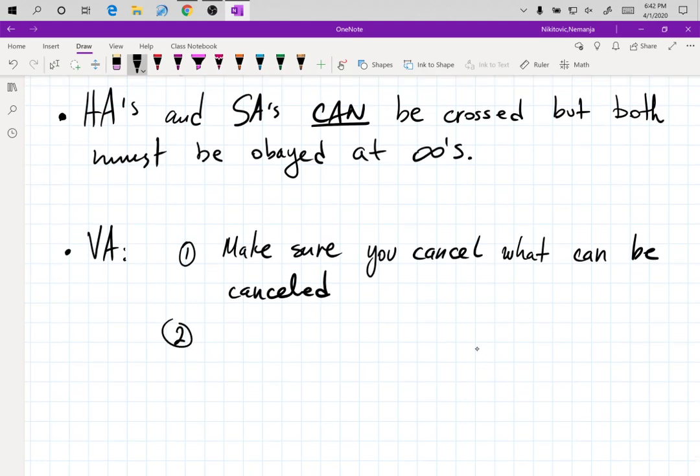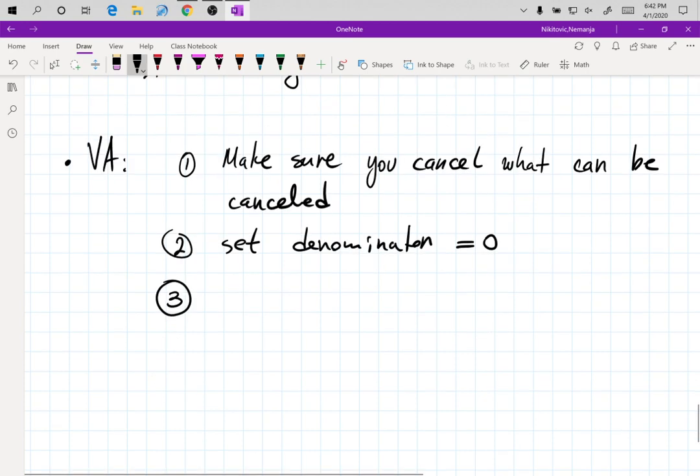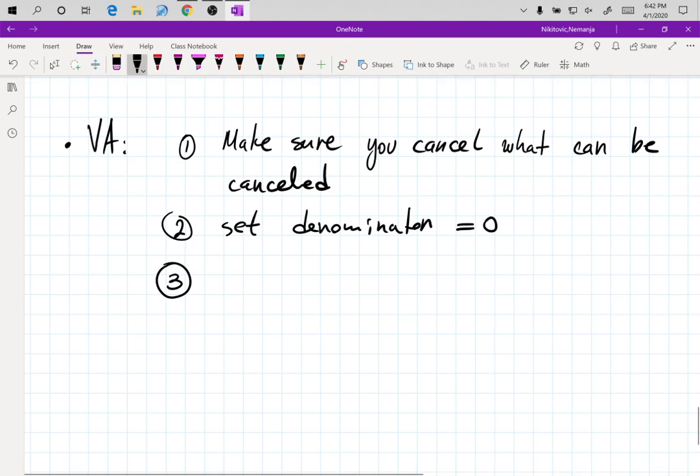Then we set the denominator equal to 0. So once we have the denominator equal to 0, we have the values for VA.